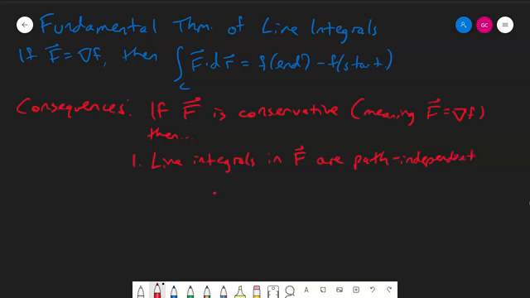In other words, if you have 2 points here, then it doesn't matter how you get from one point to the other. Those two line integrals along C1 or C2 are going to be the same.